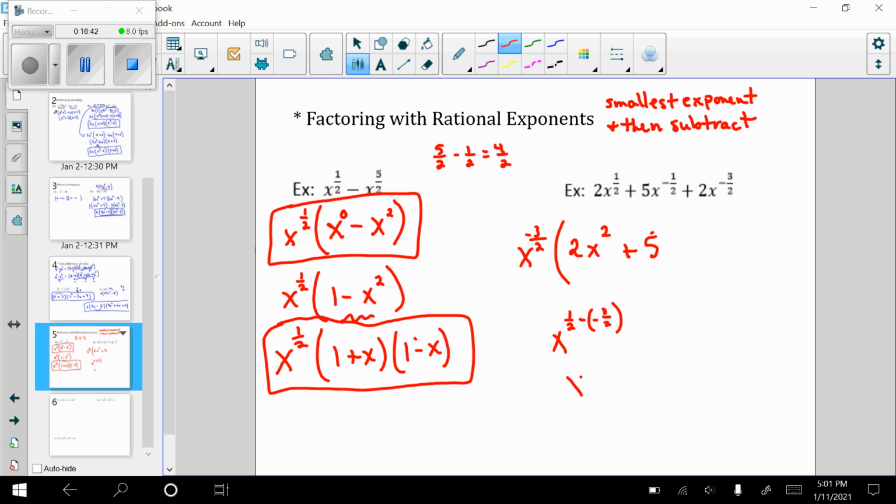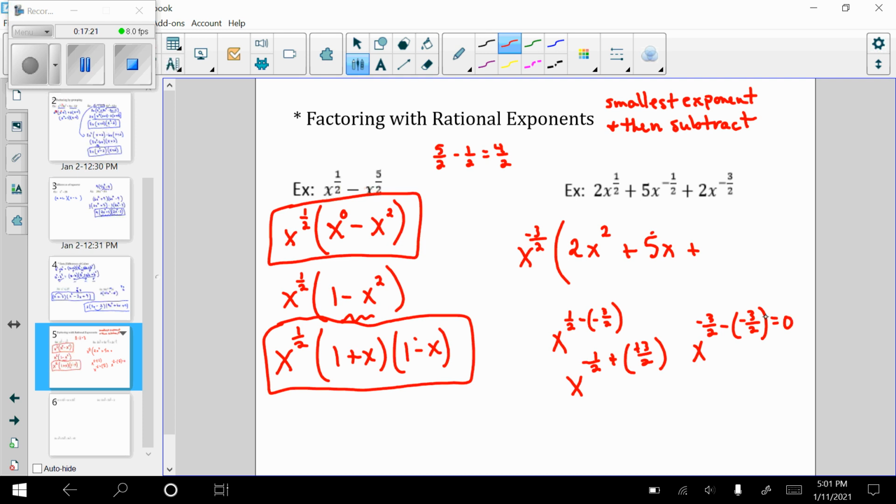And now I have x to the -1/2 minus -3/2, which changes to plus 3/2, so -1/2 plus 3/2, which is 2/2, which is just x to the first, plus x to the -3/2. Well, I pulled out the -3/2, so -3/2 minus -3/2 is going to be 0.